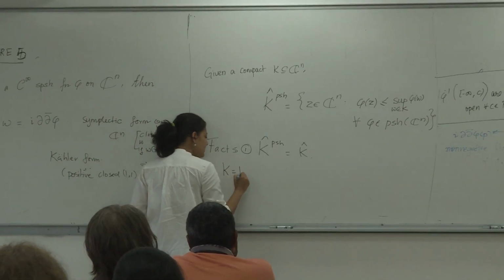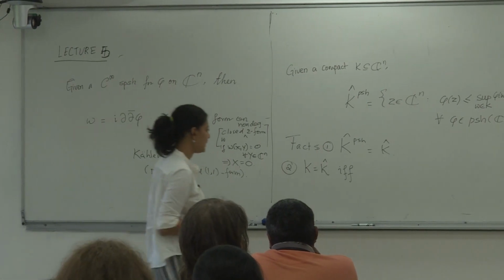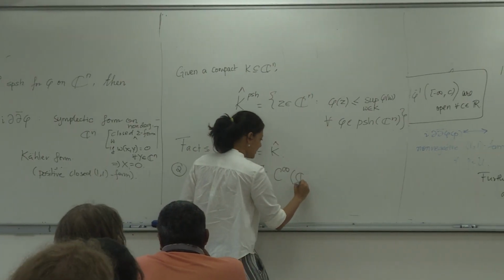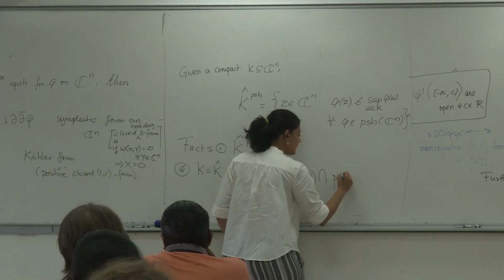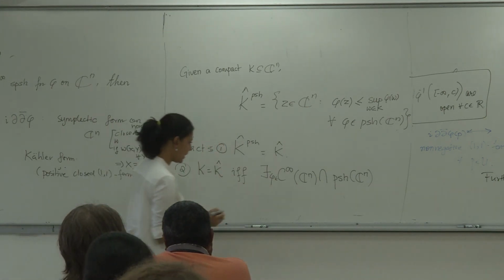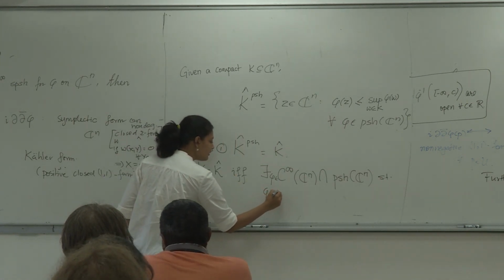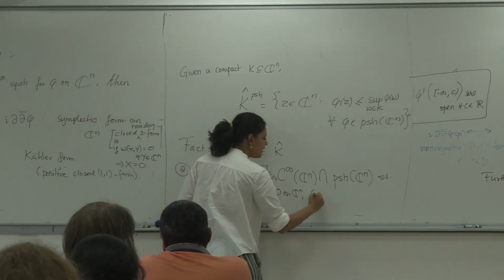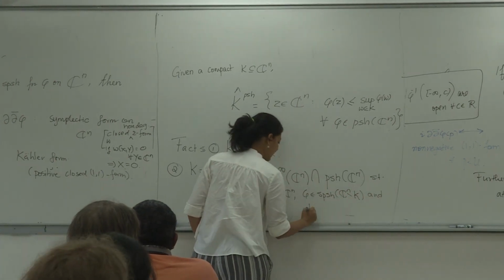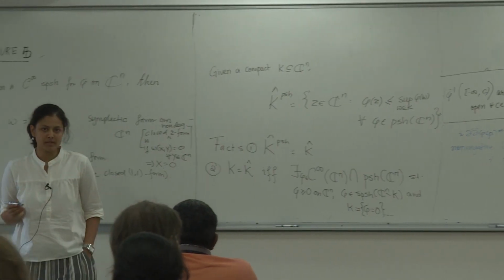K is polynomially convex if and only if, so here's a characterization of polynomial convexity purely in terms of PSH functions, if and only if there exists a C infinity smooth plurisubharmonic function, so there exists a phi which is both smooth and plurisubharmonic such that phi is non-negative on Cn, phi is strictly plurisubharmonic off of the set, and K is in fact the 0 set of this PSH function.